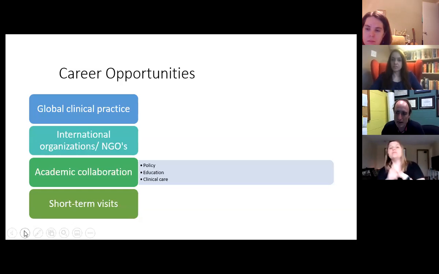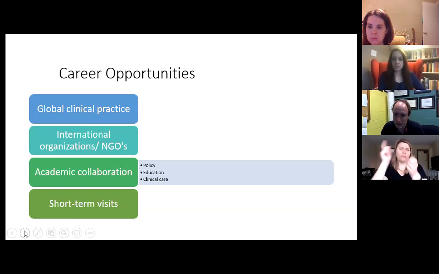Those are great opportunities. Those are all positions that fellowship programs and a strong research background can certainly provide you an advantage.